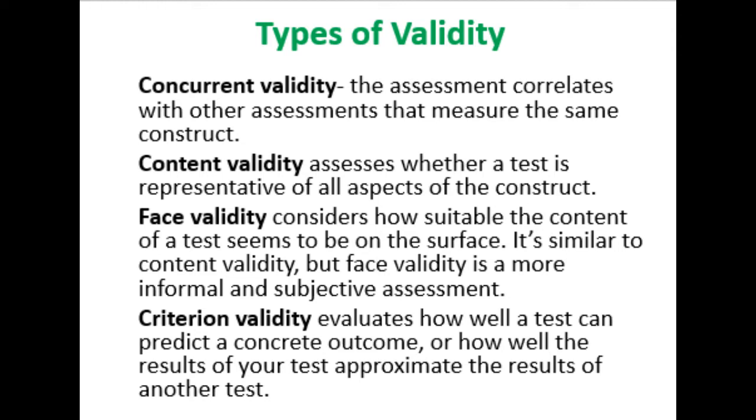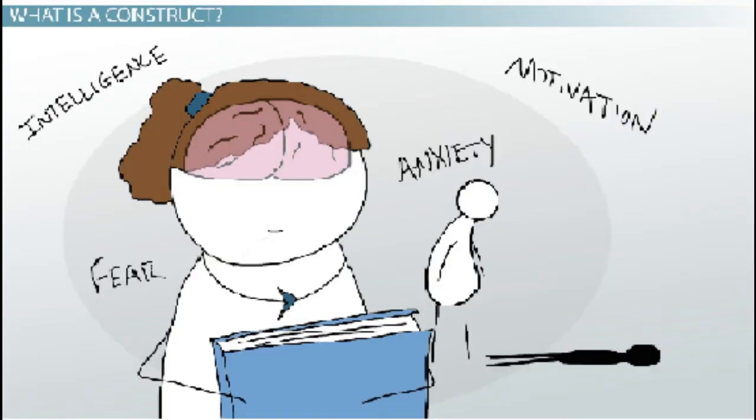Thus, assessing construct validity is especially important when you're researching something that can't be measured or observed directly, such as, for example, intelligence, self-confidence, or happiness. You need multiple observable or measurable indicators or dimensions to measure those constructs.